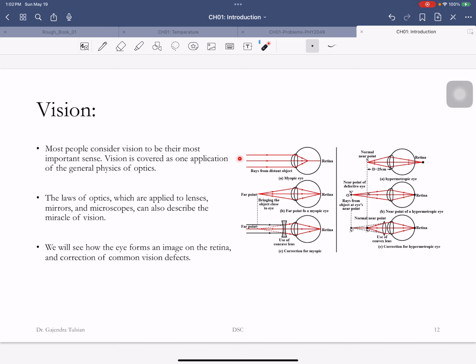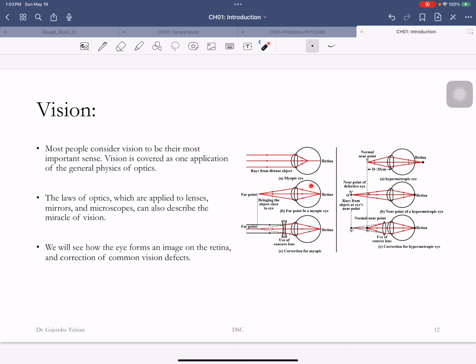This shows a far away object, and its image is created in front of the retina. So this is a myopic eye, meaning this person is nearsighted. The far point tells you that this myopic eye can only focus up to this point. If an object is beyond it, the image is formed in front of the retina, so you can't see far off objects.